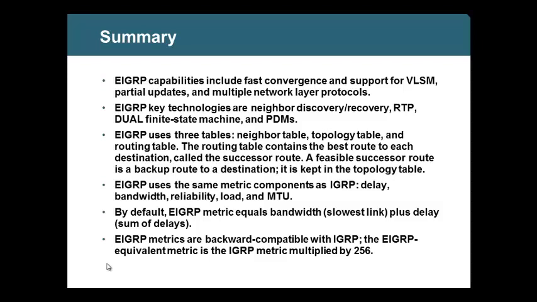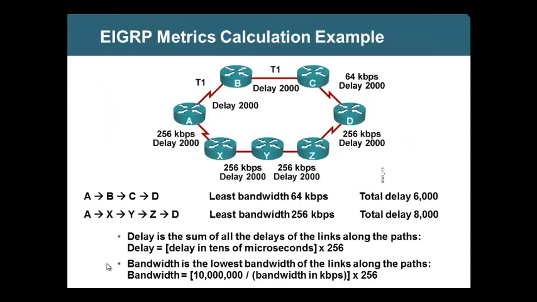Sir, I have a question here. When we say slowest link bandwidth, what exactly does that mean? Suppose I have a 1 Mbps link and a 500 kbps link, will EIGRP consider only 500 kbps? Yes. Because if I send with the bandwidth of T1, which is 1500, all will go and get blocked here, a bottleneck, because here it is only 64 kb, you understand?